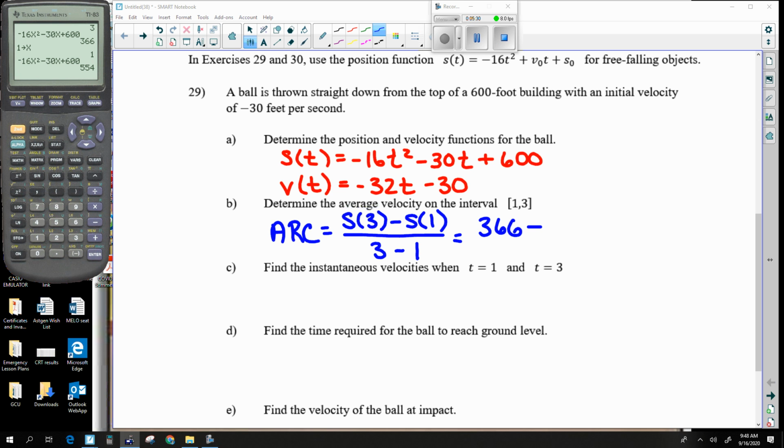The position is 554. The denominator is 2. So putting this all together, that's 366 minus 554. Get that answer and then divide by 2. And this is going to be negative 94. Negative 94 is the average velocity from 1 to 3. And since that's a velocity, that would be feet per second.